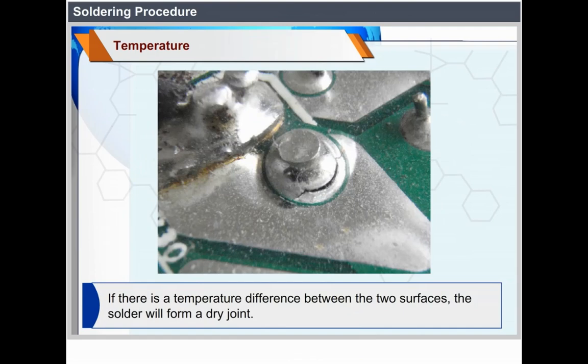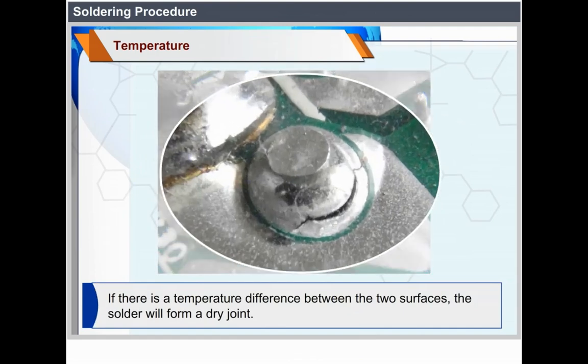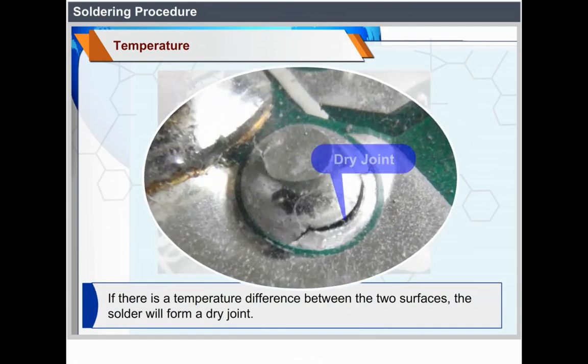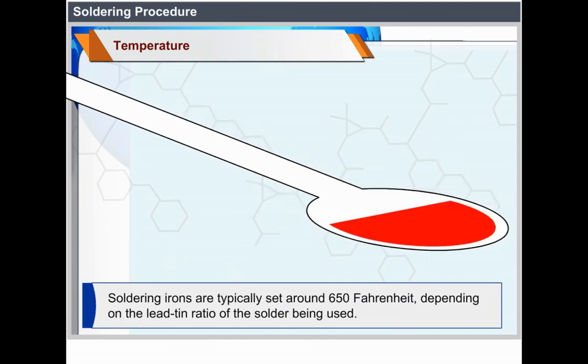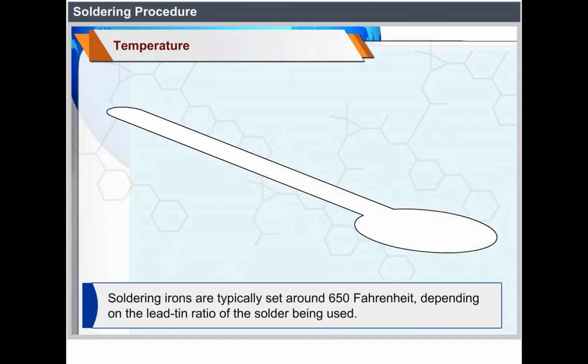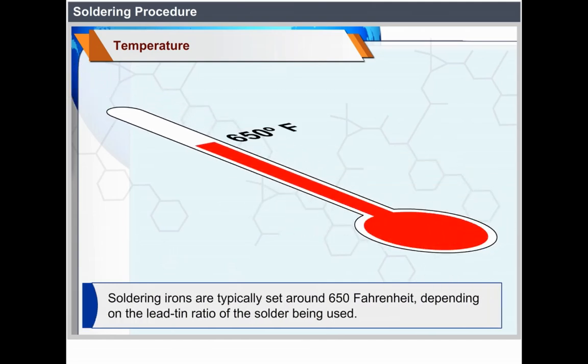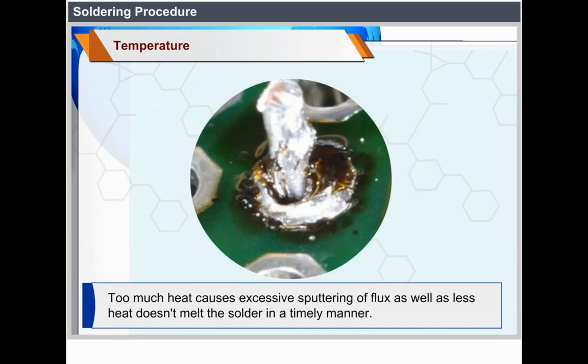If there is a temperature difference between the two surfaces, the solder will form a dry joint. Soldering irons are typically set around 650 Fahrenheit, depending on the lead-tin ratio of the solder being used. Too much heat causes excessive sputtering of flux, and too little does not melt the solder in a timely manner.